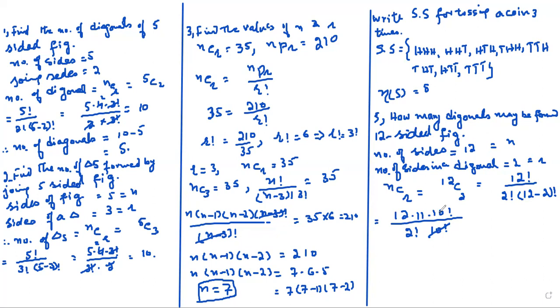We can see that 10 factorial got cancelled. 2 sixes are 12, so this equals 66. So the number of diagonals will be 66 minus sides. There are 12 sides. So there are 54 diagonals we can form by joining 2 vertices of a 12-sided figure. So 54 is the answer.